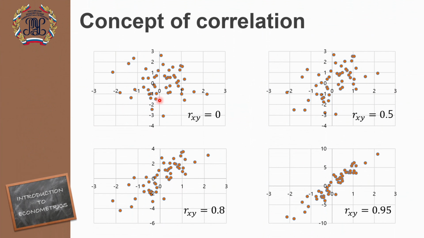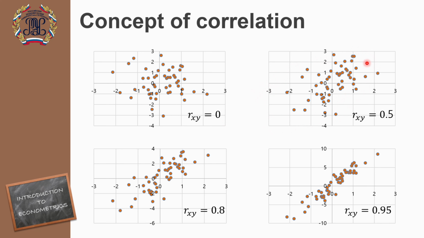Here let's consider brief examples of the shape of different patterns and their corresponding correlation coefficients. You see clearly, in the first graph, we don't see any dependence between x and y. That's why the correlation coefficient is equal to 0. The second scatter plot already shows some dependence.